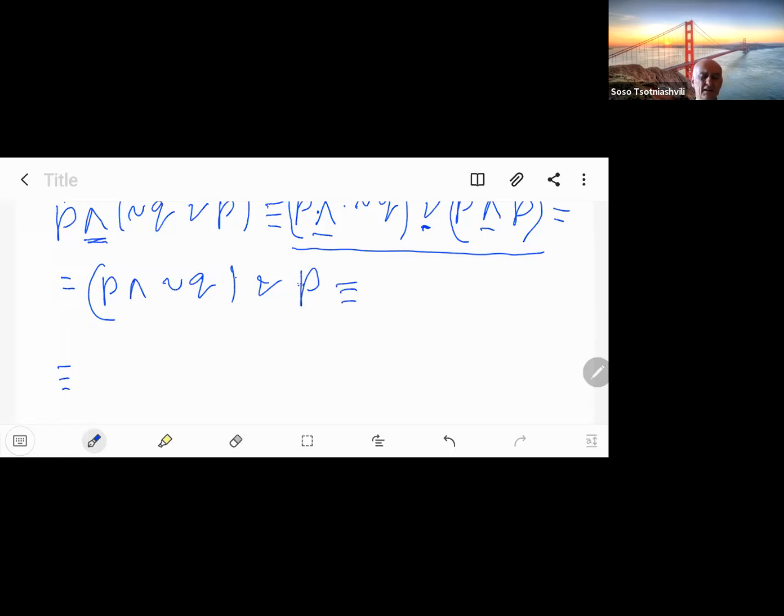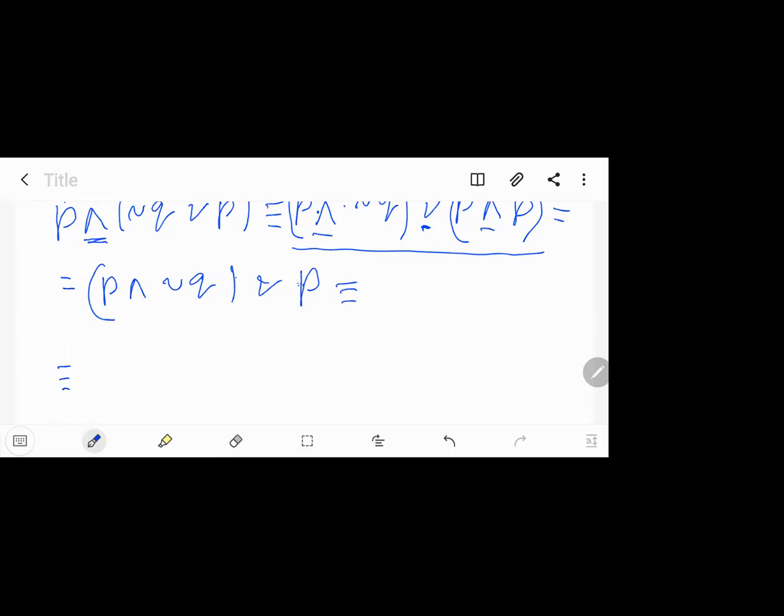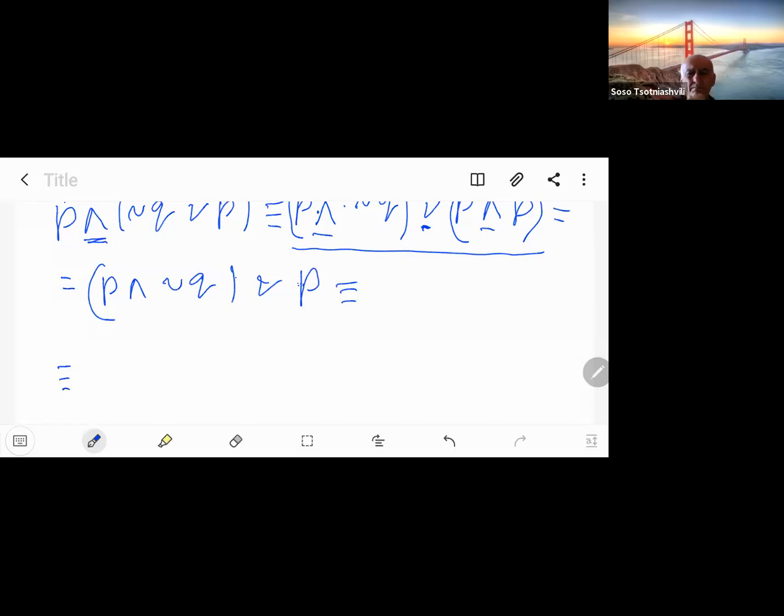It looks like, if you open parentheses by the distributive law. I got a question. Isn't not Q just P? Wouldn't it be, if we use the negation rule, that not Q would be P, and we will get P and P or P? Lasha, say again.